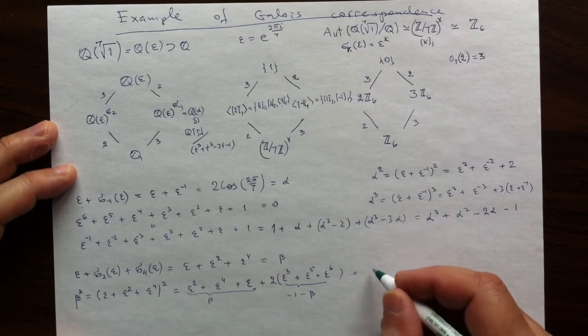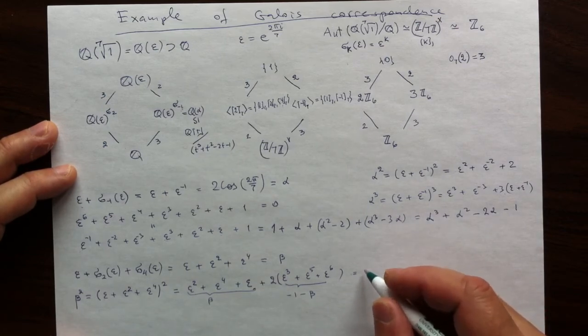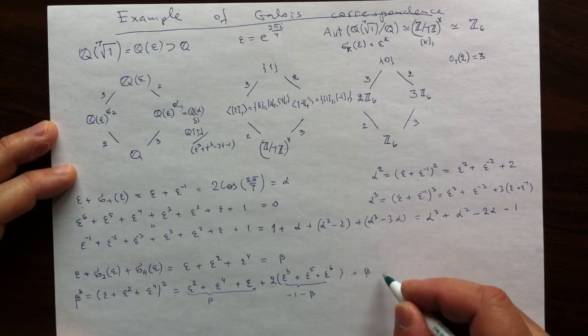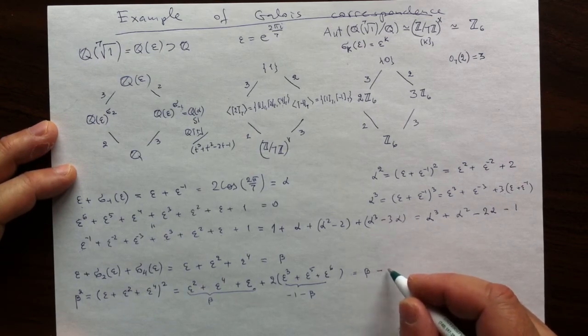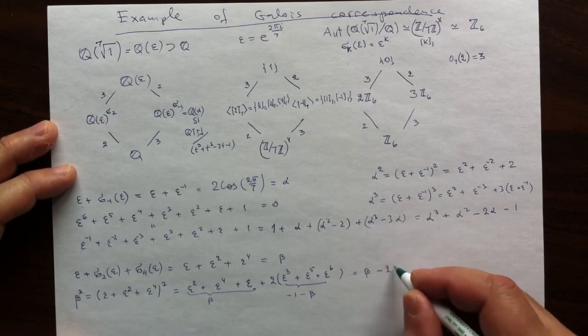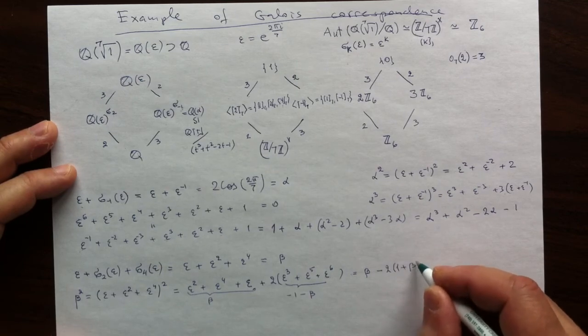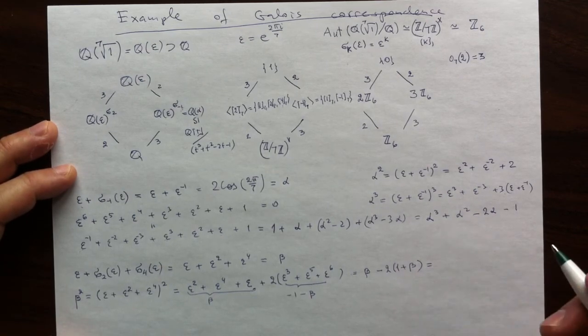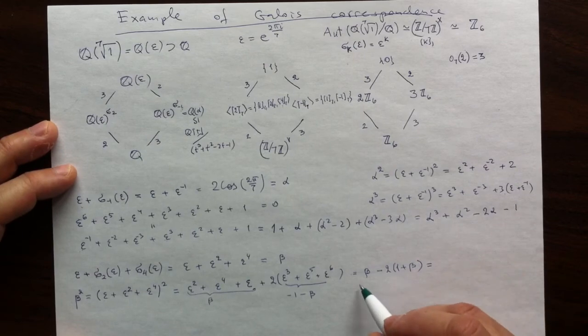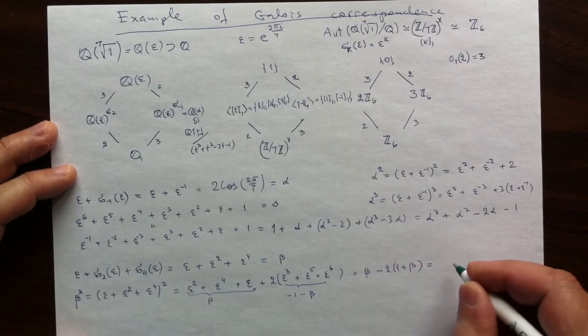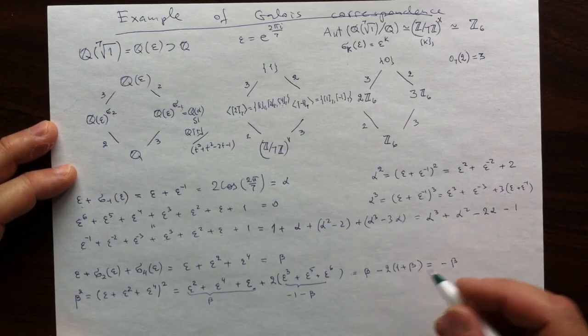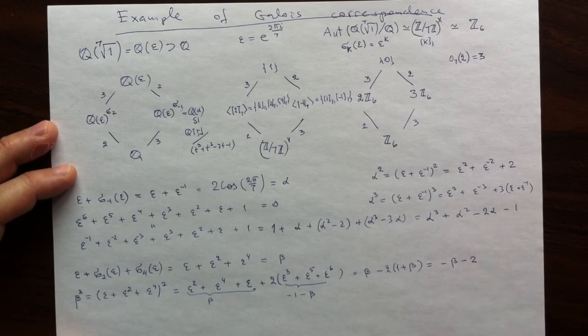So now I have my quadratic relation. I have beta, I have with coefficient 2, I'll take minus out. I'll have 1 plus beta. So if I let the dust settle, I will have a beta without 2 copies of beta, so negative beta, and then I'll have negative 2.